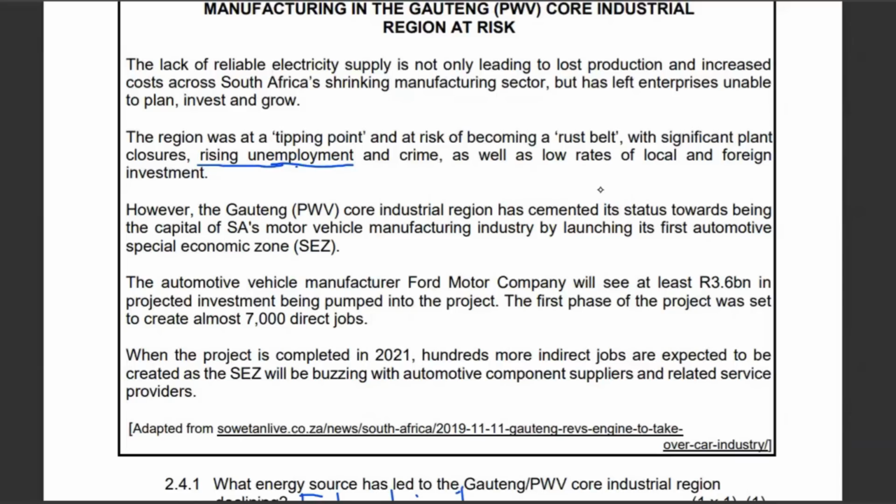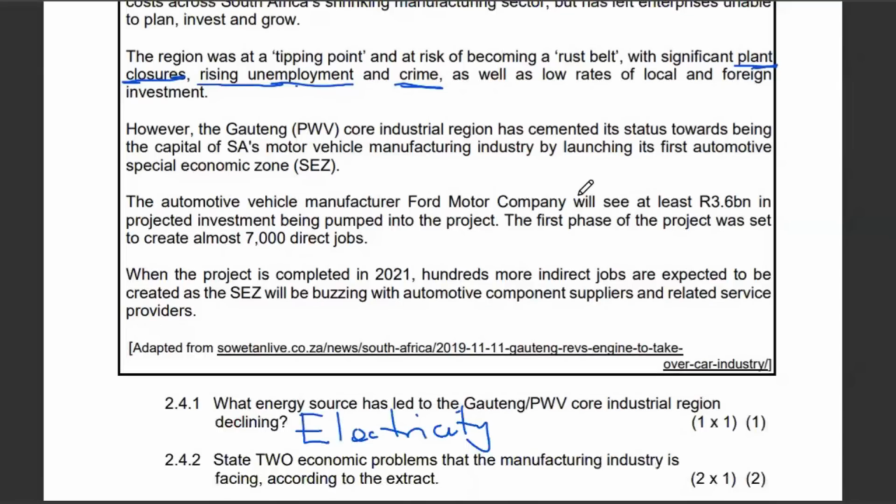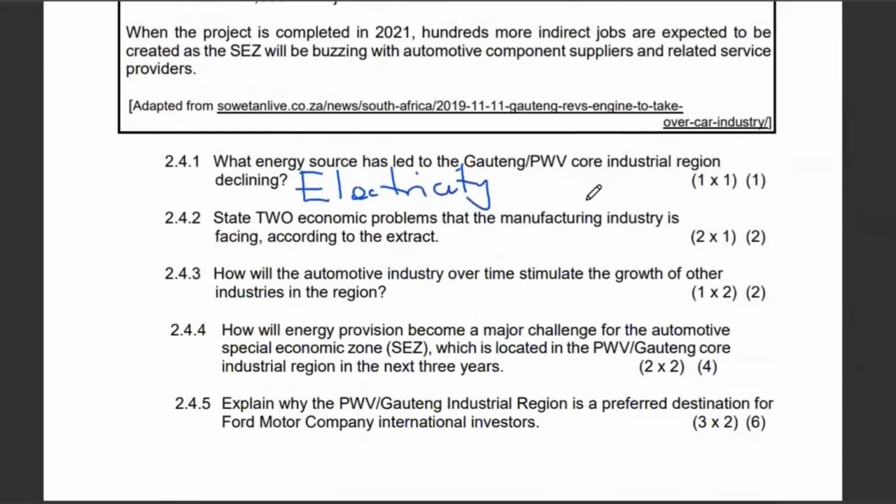Then if we also look at this, there's plant closure, it's another factor. So there is plant closures, rising unemployment, and also we have a problem of crime. It's another typical problem. So if we check on those three, they qualify to be part of the problems that are faced by the industries in the Gauteng PWV.